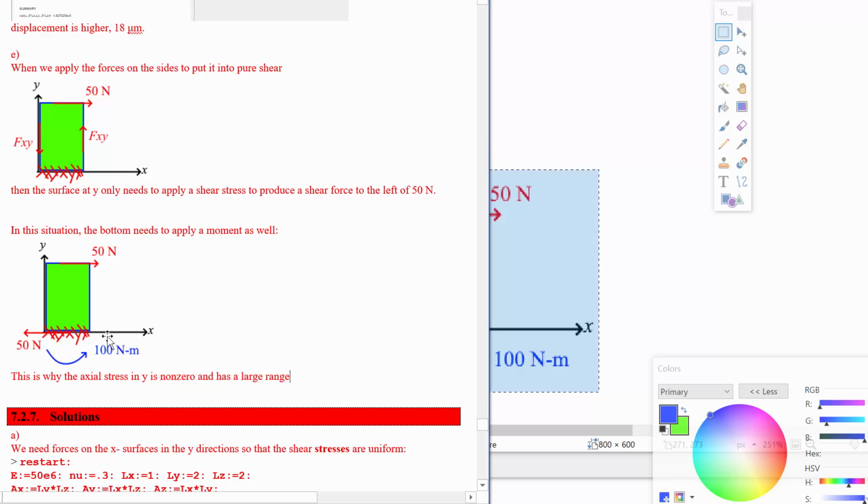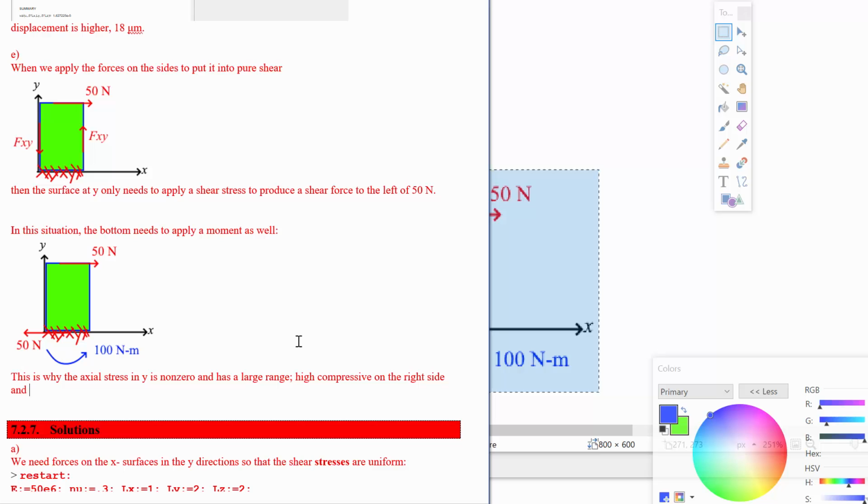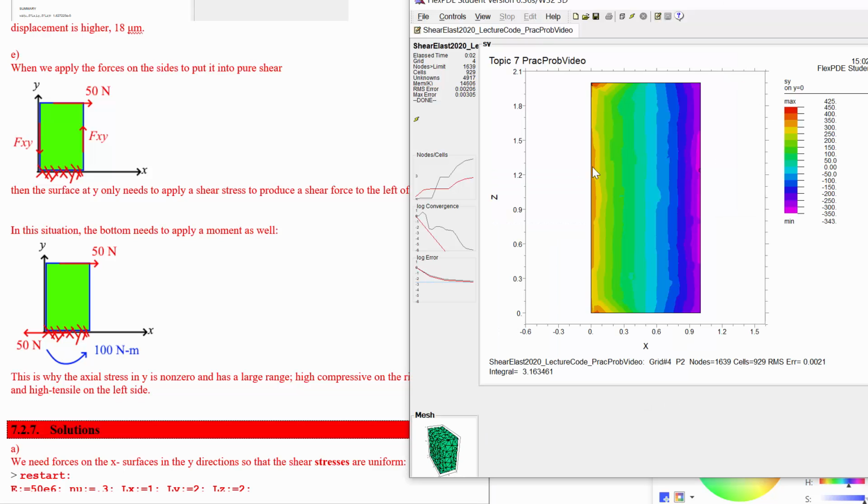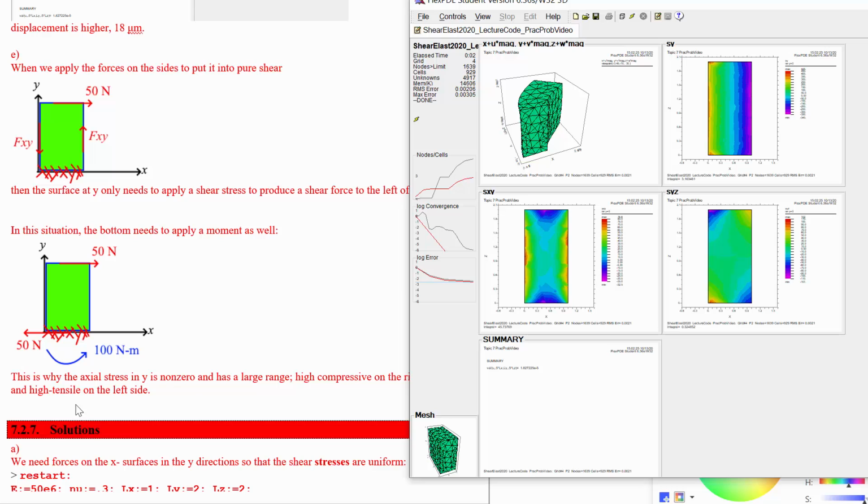So looking at this, we would need to have it be compressive on the right side, pushing out, high compressive on the right side, and high tensile on the left side. Let's have a look. Yes, so very tensile on the left, very compressive on the right, pushing out there, and pulling in on the left to stop this thing from rotating. So that's what's going on there.